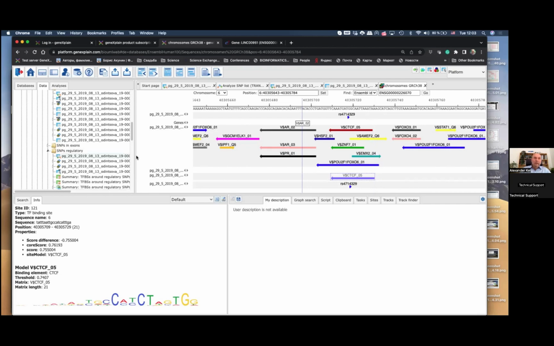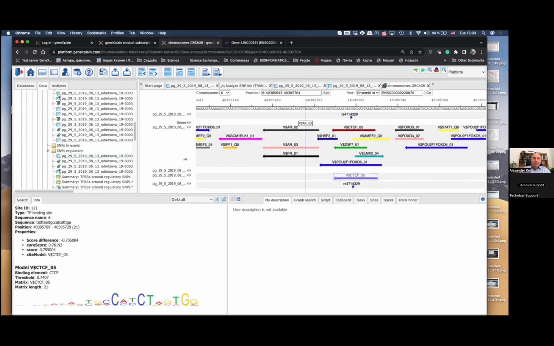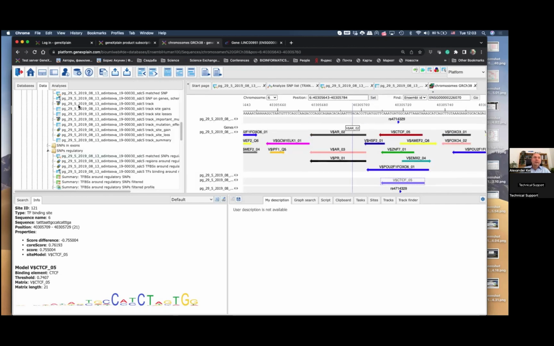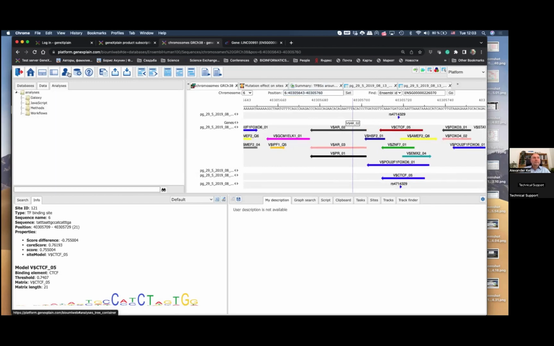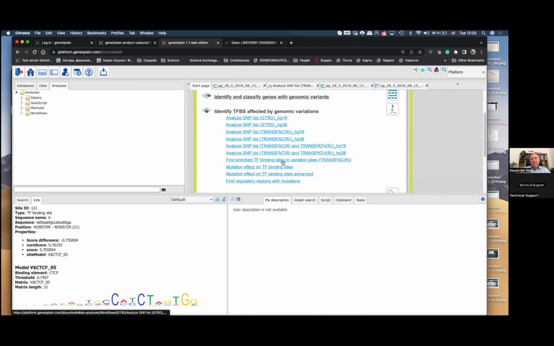So now, very briefly, about the p-values. There is a tool here which is a sort of secret tool. It's not among these tools on the starting page.